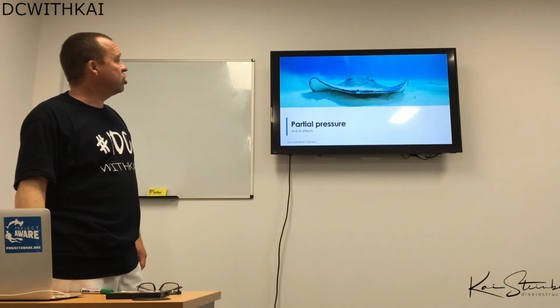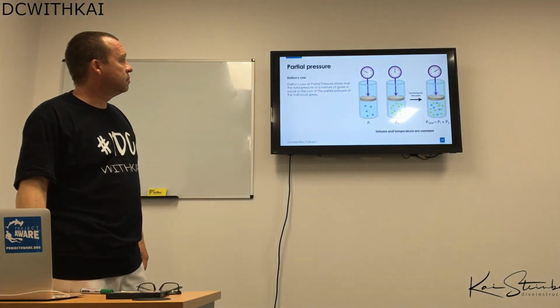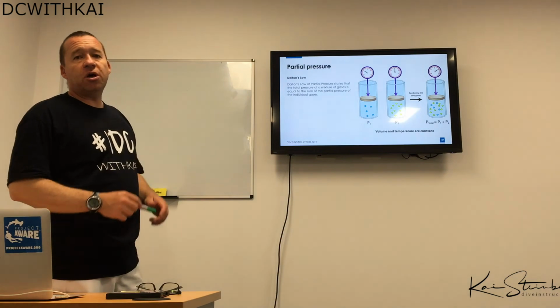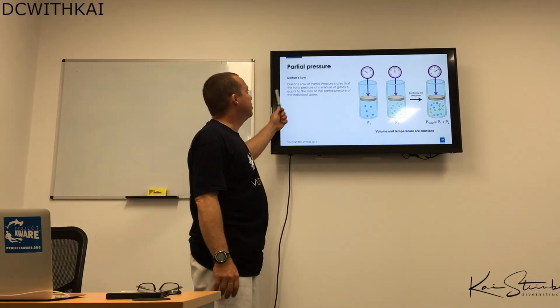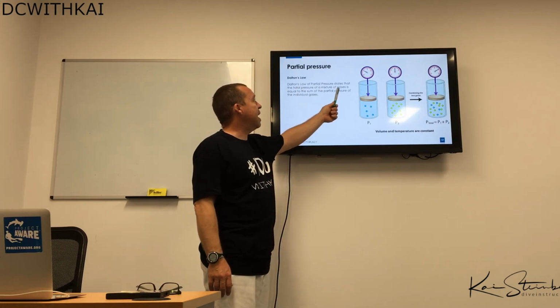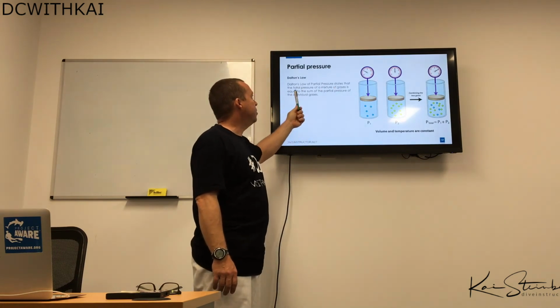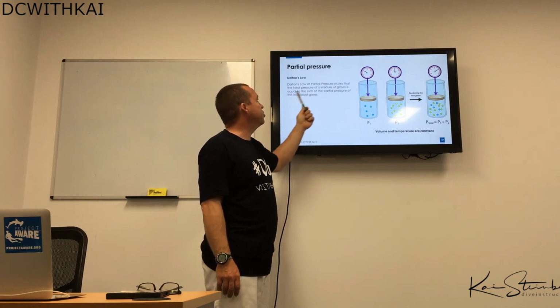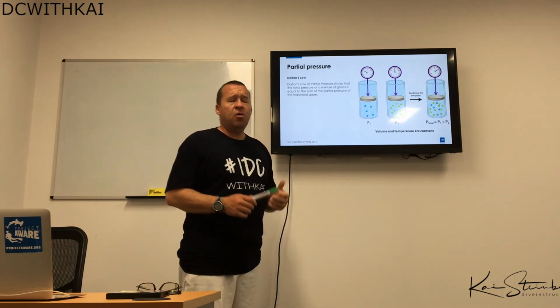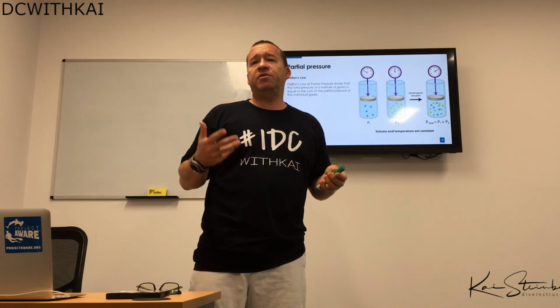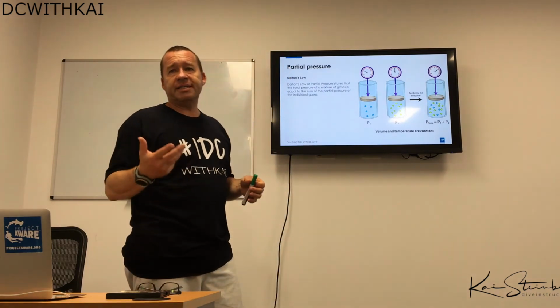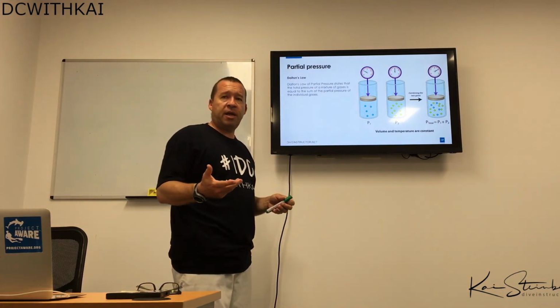Let's have a look at partial pressure. A guy called Dalton found out that the total pressure of a mixed gas is equal to the sum of the partial pressure of the individual gases. What does that mean? Well, let's put it into perspective with air. We have 21% oxygen and 79% nitrogen in air.